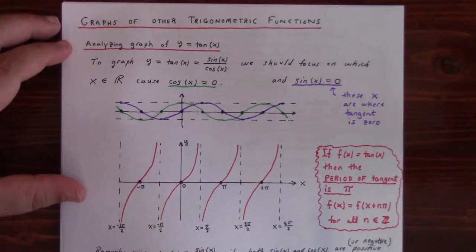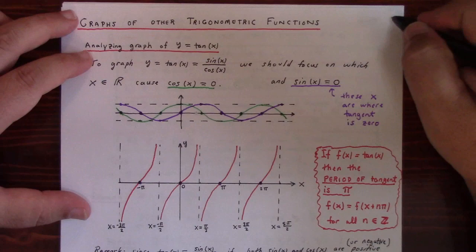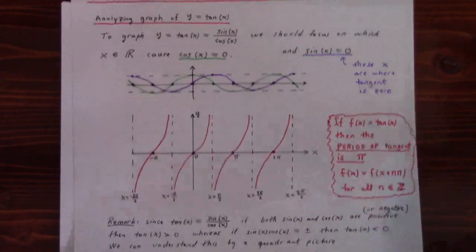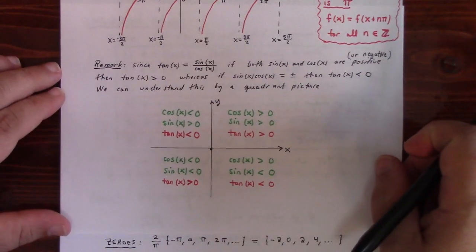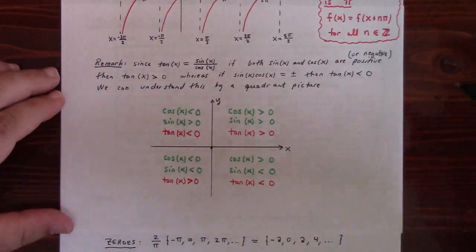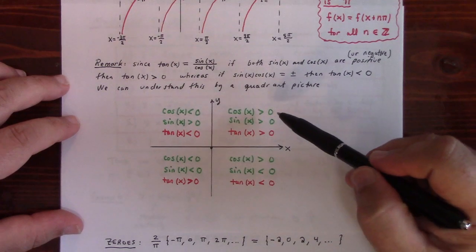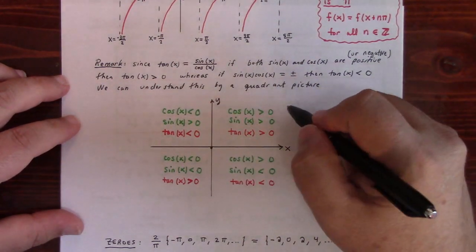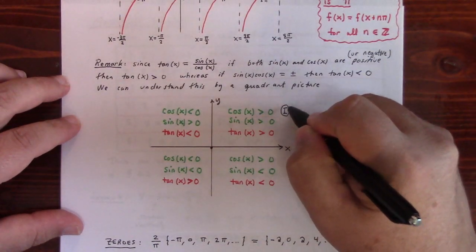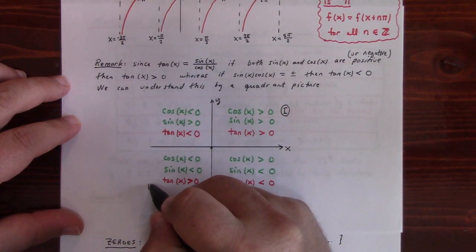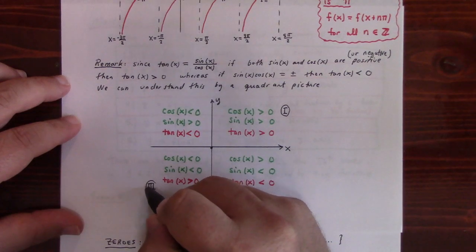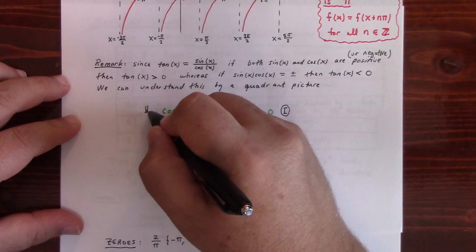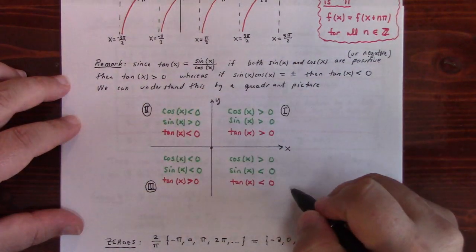You can get a positive either from plus plus or from minus minus. So where is tangent positive? Wherever sine and cosine are both positive or both negative. So tangent is positive in quadrants 1 and 3, whereas tangent is negative in quadrants 2 and 4.